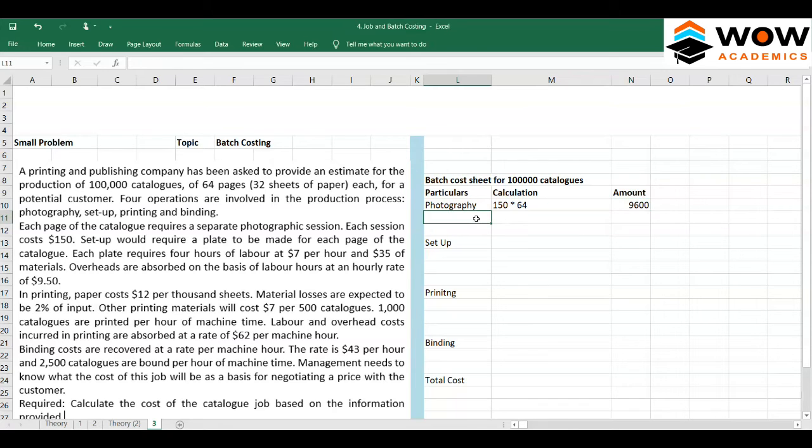So the next one, I think we can go to the setup. Setup would require a plate to be made for each page.